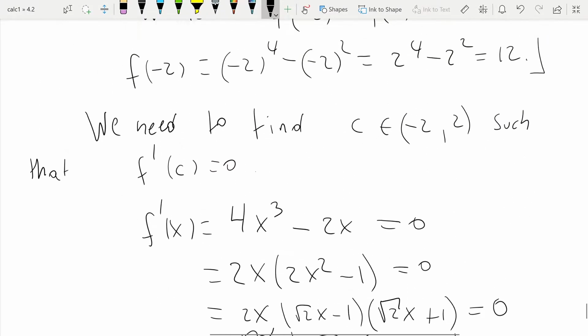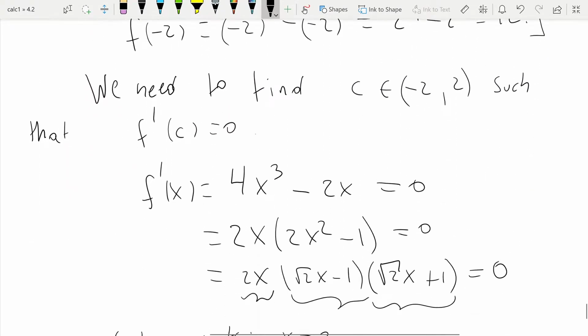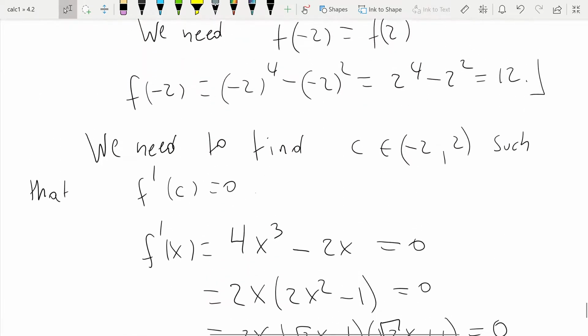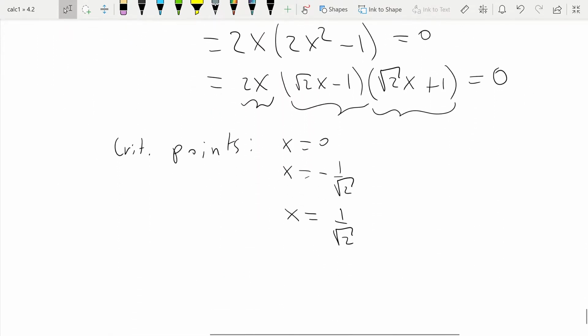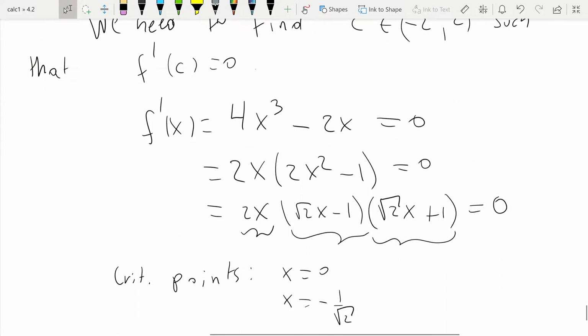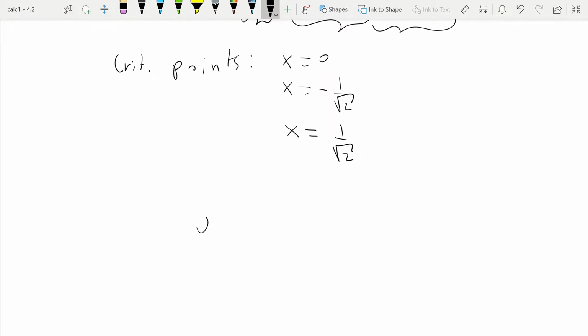Okay, but the theorem tells us there's a value c inside the interval minus 2, comma 2. So are these points inside the interval? So 0 is in minus 2, comma 2. What about minus 1 over square root 2? Is that in the interval minus 2, comma 2? Yes, it is.